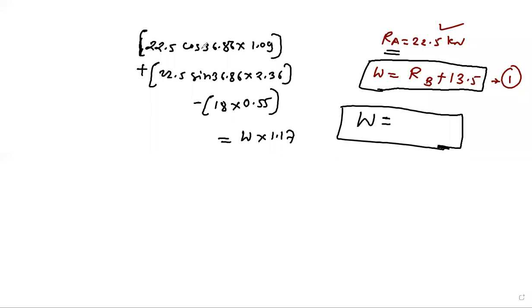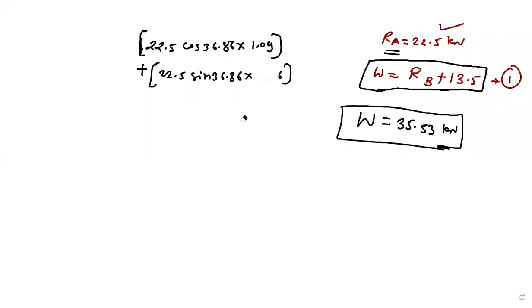What is the value of W? Sir, 35.53. 35.53. Others, please check. 35.52. Okay, correct. So W is equal to 35.53 or 35.52.